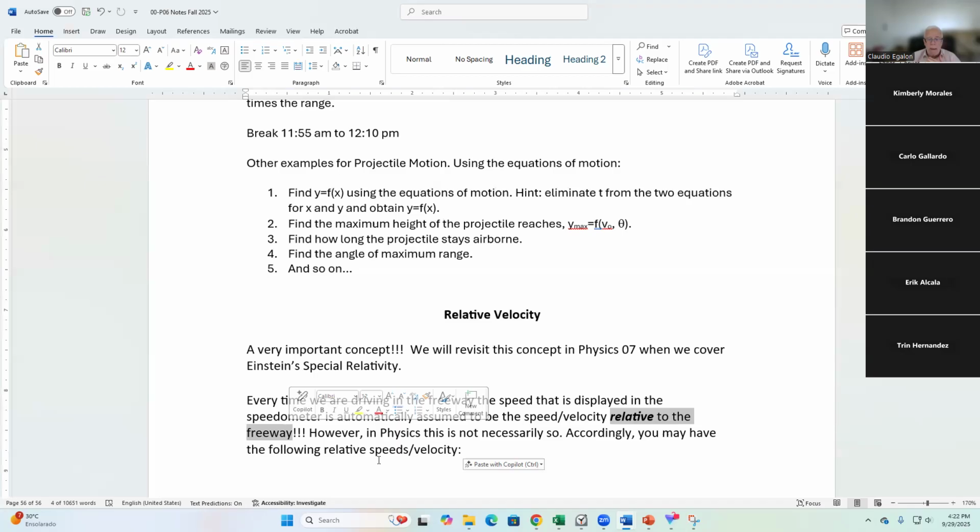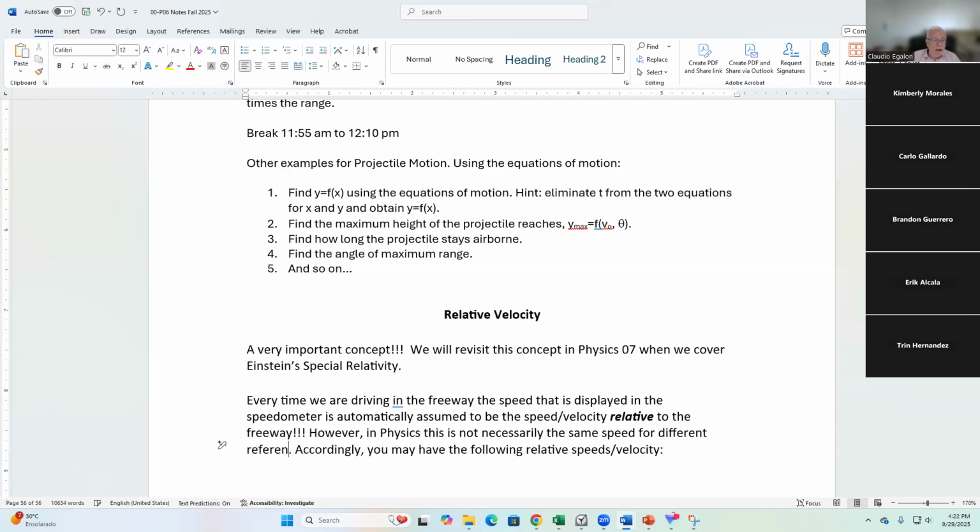But depending on the referential, you can have different results for the speed of your car, for instance. This is not necessarily the same speed for different referentials.